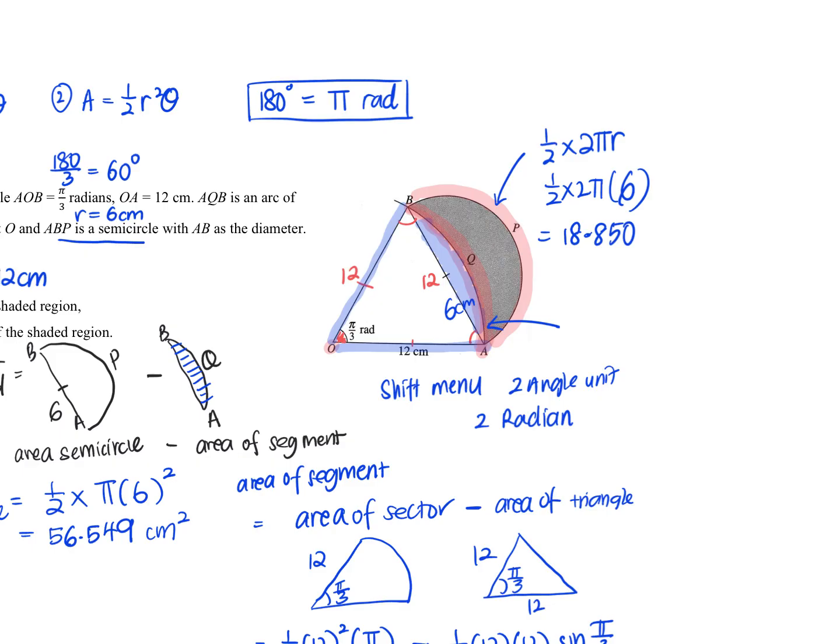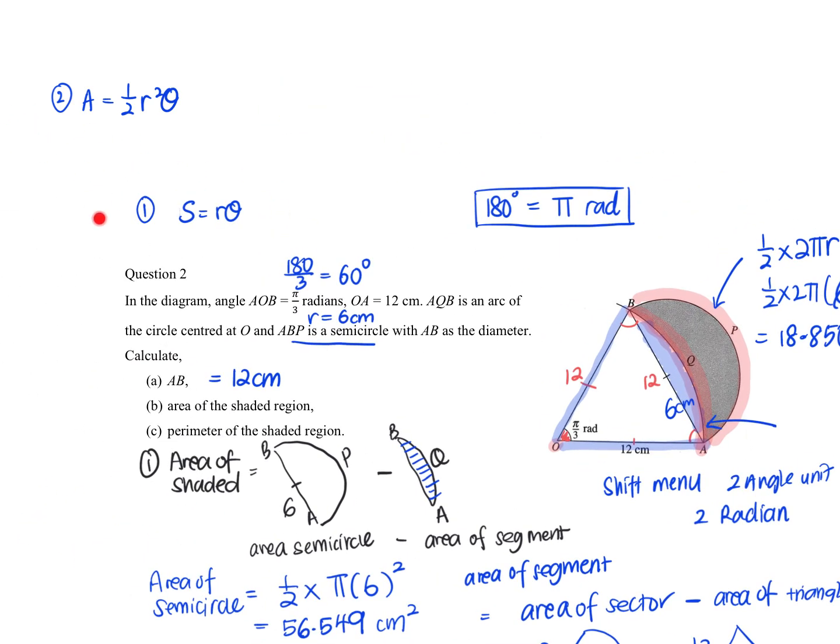This arc length is made by the angle pi over 3 and radius 12. So using the arc length formula, s equals r theta.